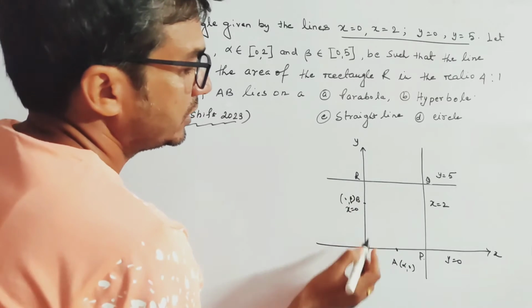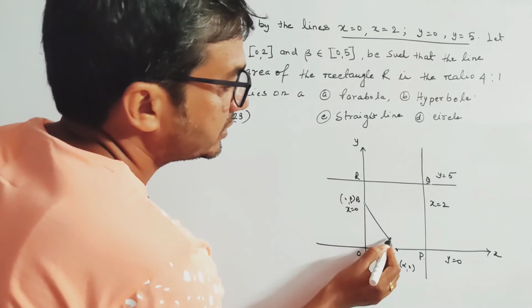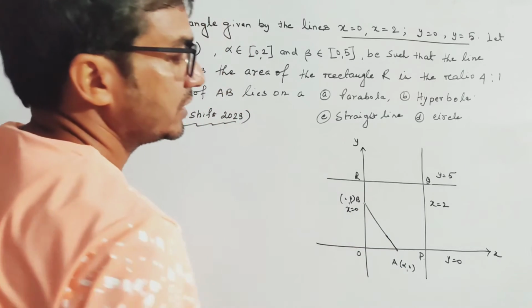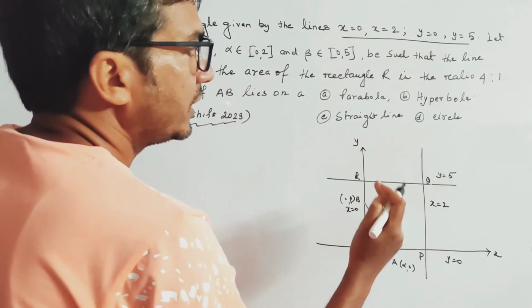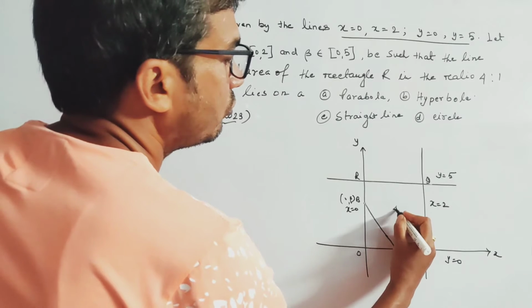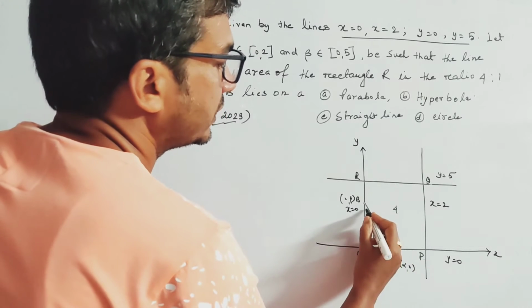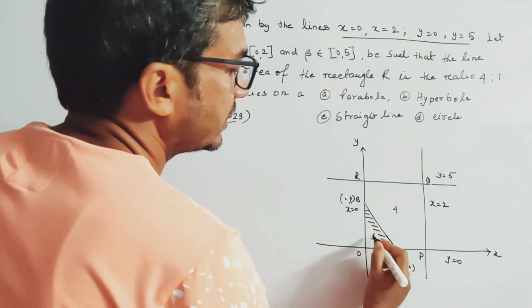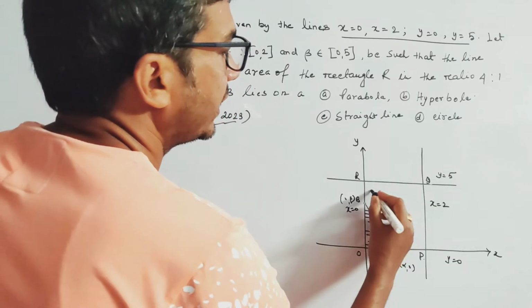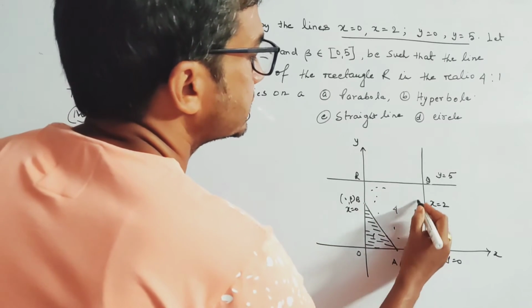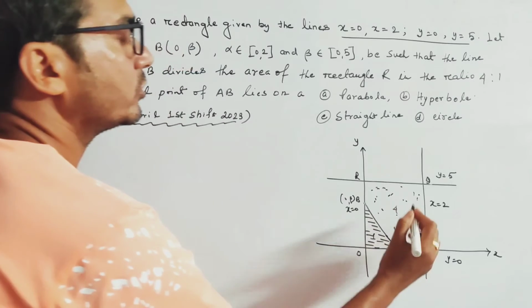(0, beta), and this line segment divides the rectangle in the ratio 4:1. That is, the area of the triangle is 1 and the area of this other portion is 4.